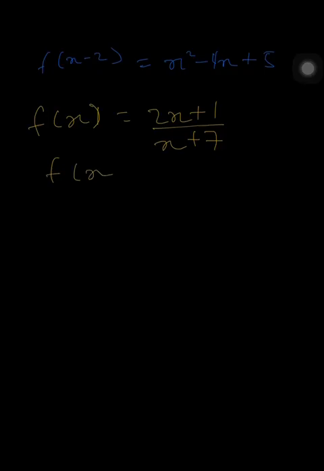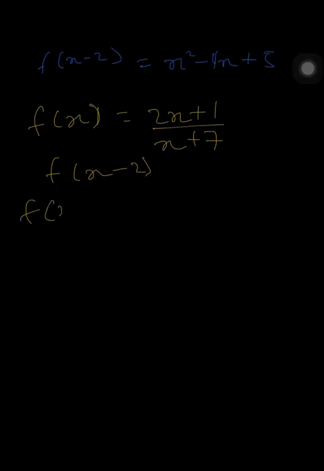Let's try another question. If f of x equals 2x plus 1 over x plus 7, find f of x minus 2. The same thing, we just substitute x minus 2 wherever we see x.